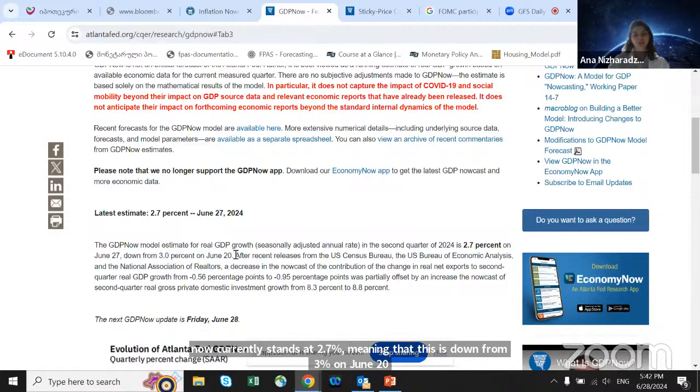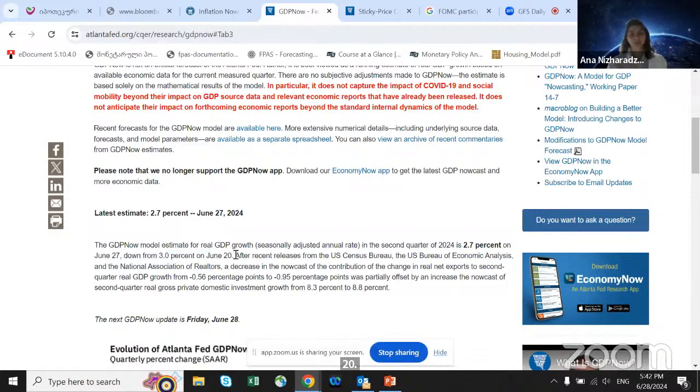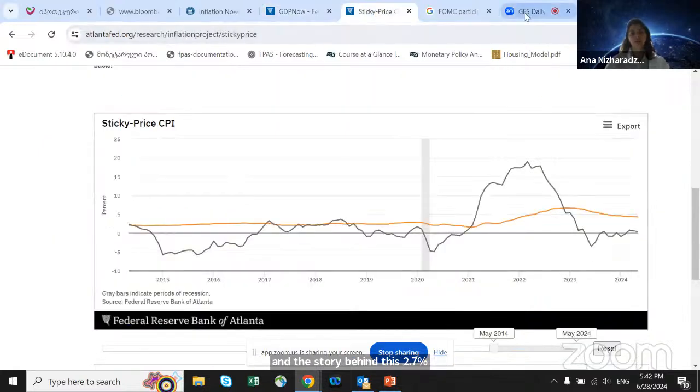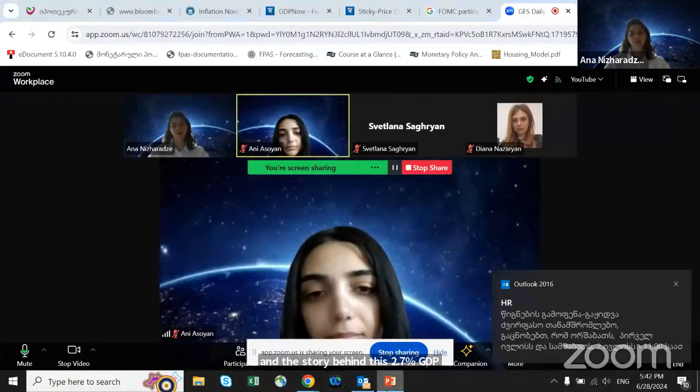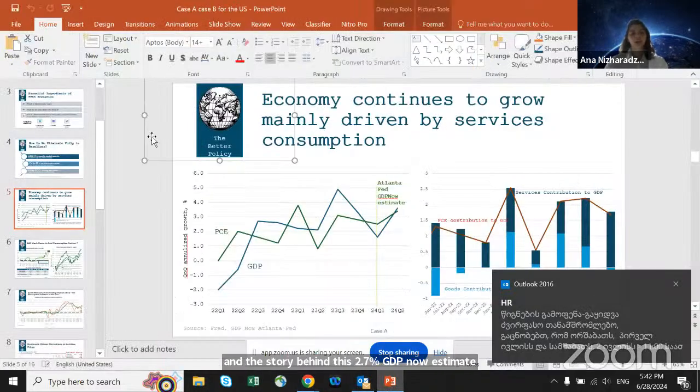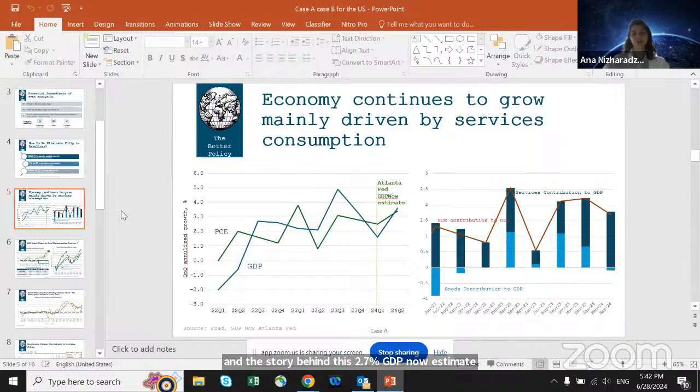At Global Forecasting School, we don't just analyze the number, but we need to have this story. And the story behind this 2.7% GDPNow estimate, which the Atlanta Fed provided, is that this 2.7%, down from 3%, is sort of our case B type of scenario.